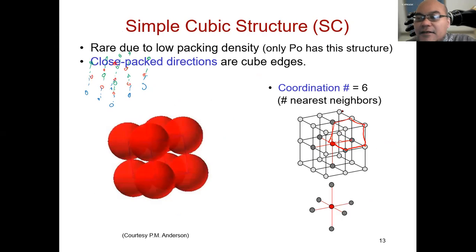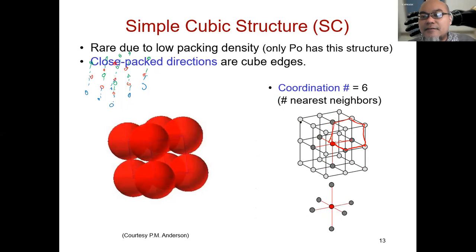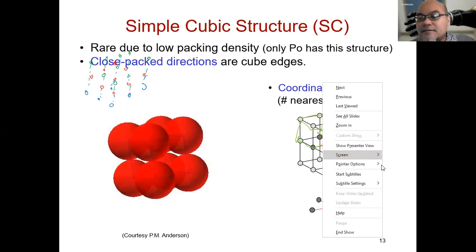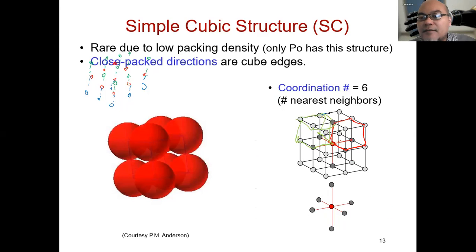How many atoms are there? Can you guess? Within the single unit cell. Another neighboring unit cell will be, for example, this one. This one is the neighbor. Maybe not that clear. Okay, in a different color, another neighboring unit cell is this one.